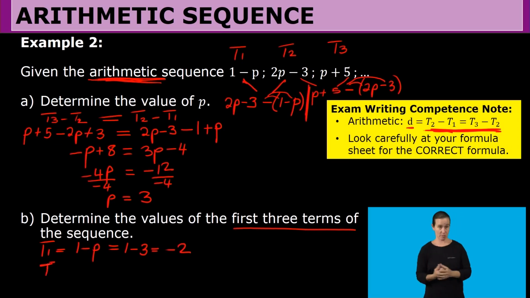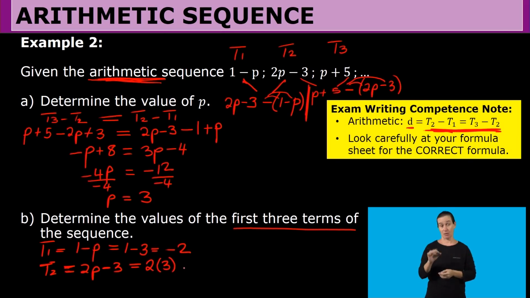The second term was 2p minus 3, and that is going to be 2 multiplied by the value of p, which is 3, minus 3. And of course, that is going to give us an answer of 3.